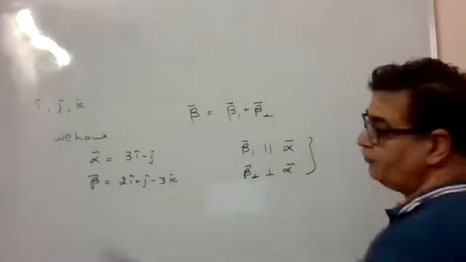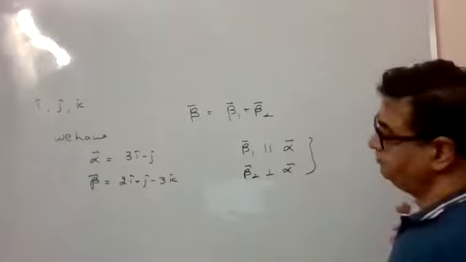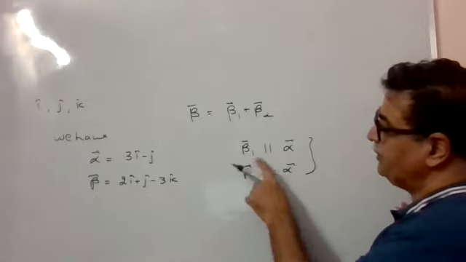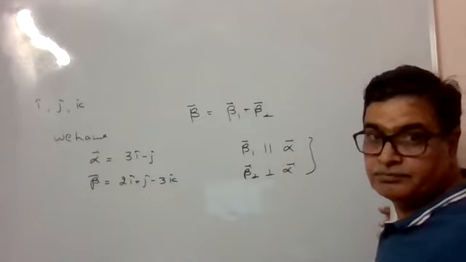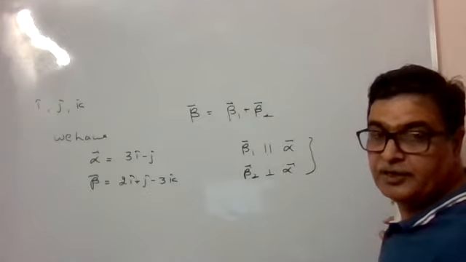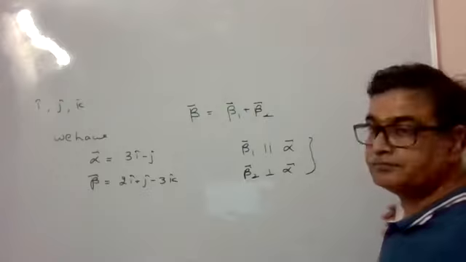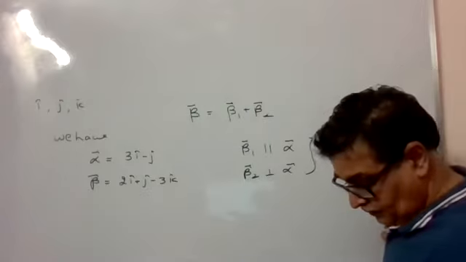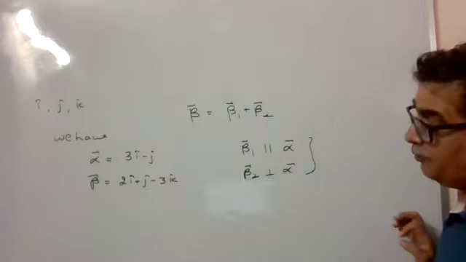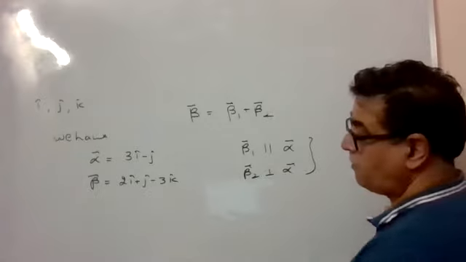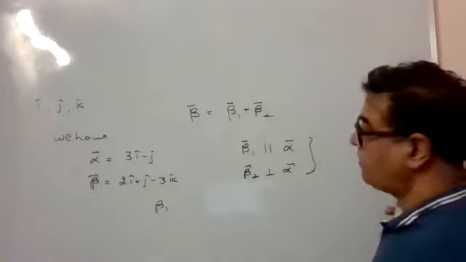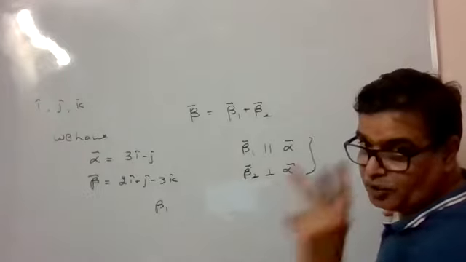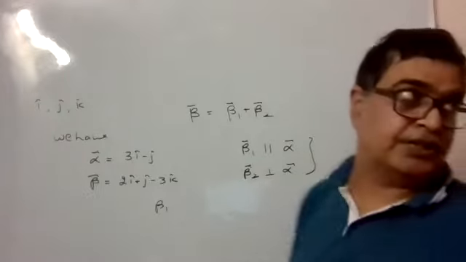Now, alpha and beta are known to us. First thing, if beta 1 is parallel to alpha, what condition do we have? कोई बताएगा अगर दो वेक्टर पैरेलल हैं तो क्या कंडीशन होनी चाहिए? कंडीशन बताई थी मैंने. दो वेक्टर अगर पैरेलल है तो आप क्या करते हैं?